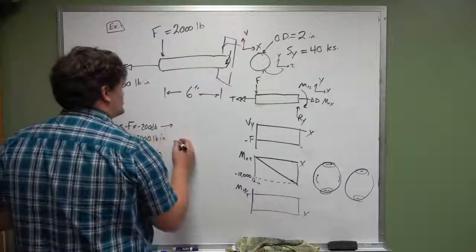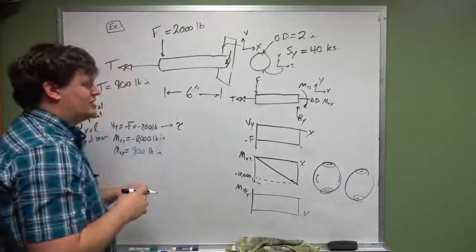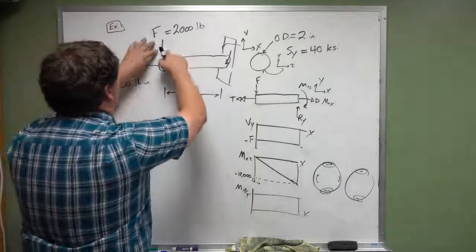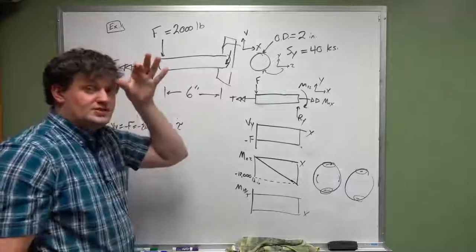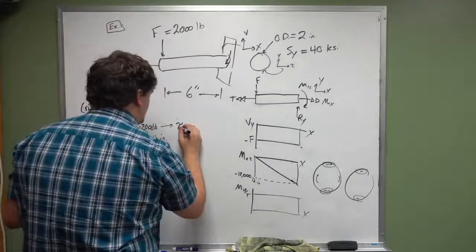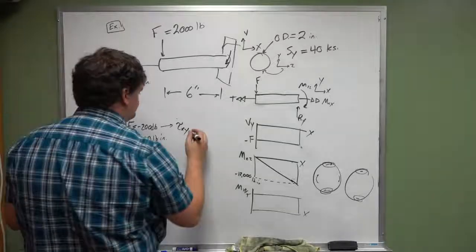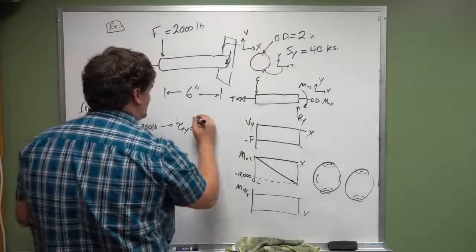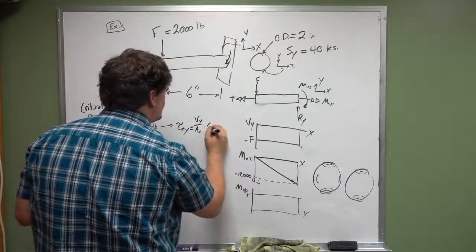The equation for shear stress is tau. If we're trying to figure out the direction, this is a y-directional load that acts on an x-directional face, which means this is a tau xy, or a tau yx, they're the same thing. The equation for that is Vy over A times c.